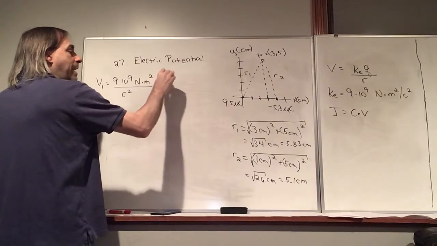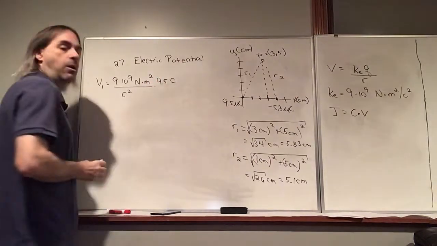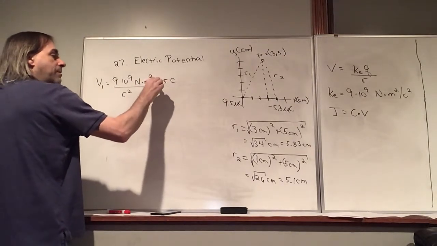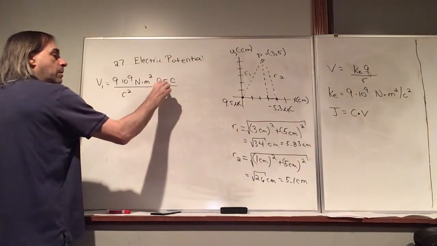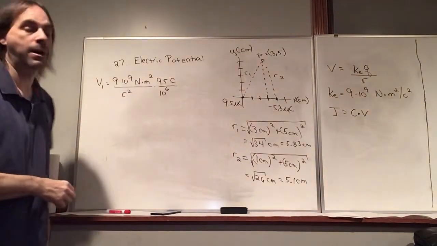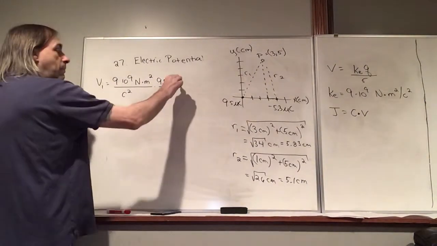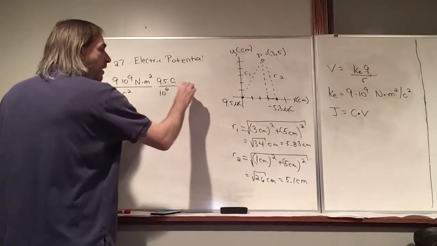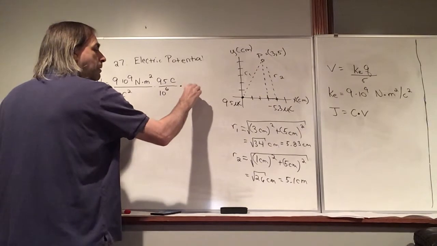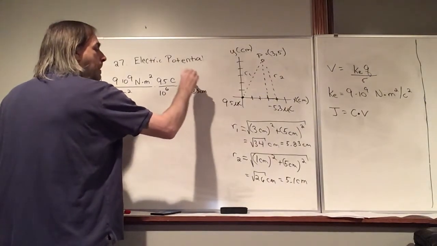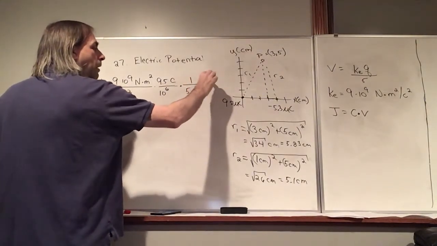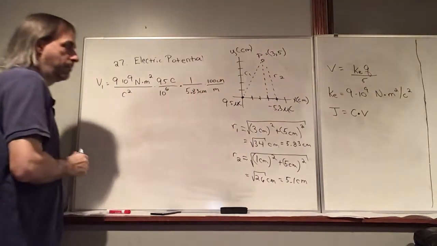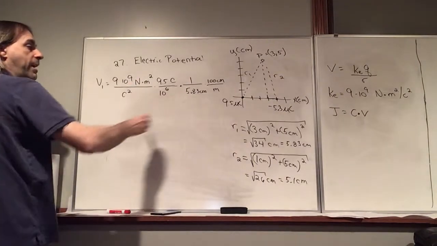Remember, micro is 10 to the minus 6. So we could have 9.5 times 10 to the negative 6, or just have a positive 10 to the 6 on the bottom. I prefer that way. And then divided by R1, which is 5.83 centimeters. And there's 100 centimeters in a meter, so let's throw in that conversion factor.